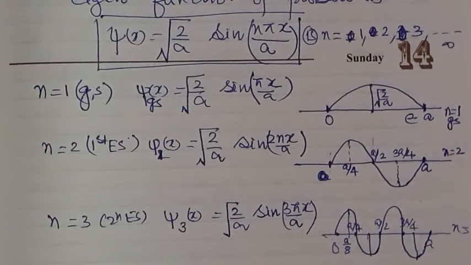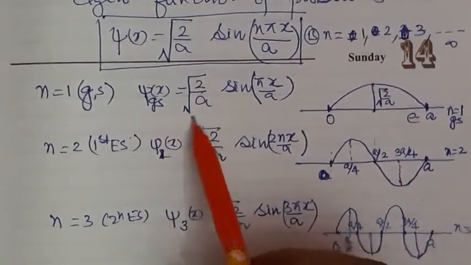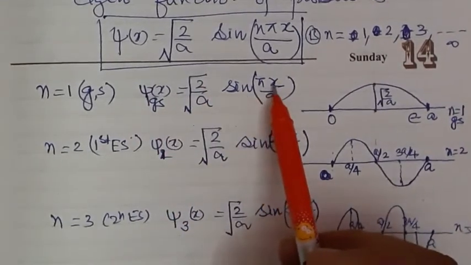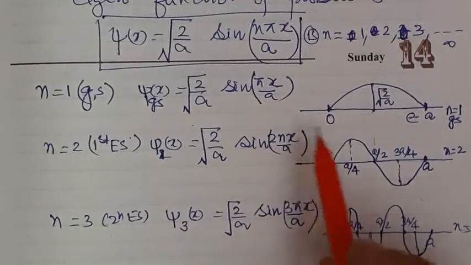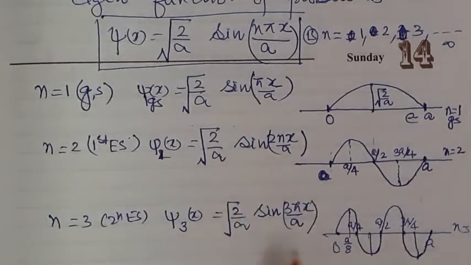The graphical representation of the ground state function, under root of 2 by a sine of pi x by a, is plotted like this. This is a plot of a sine function, and you may choose proper values of x, where somewhere it will be 0, somewhere it will be 1, and substituting the values you will get the plot.